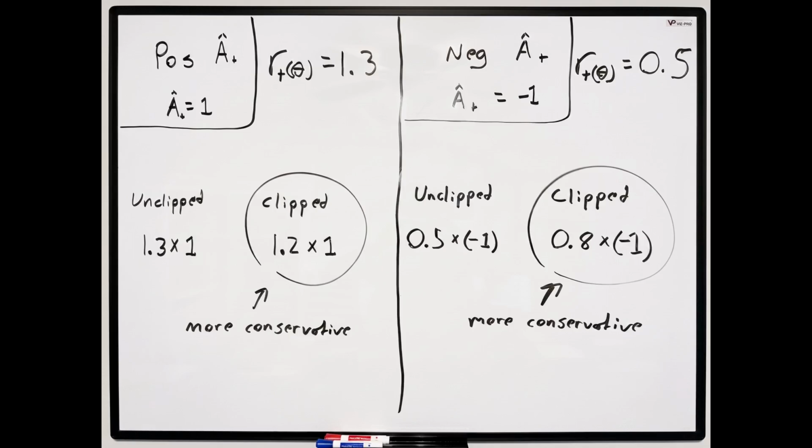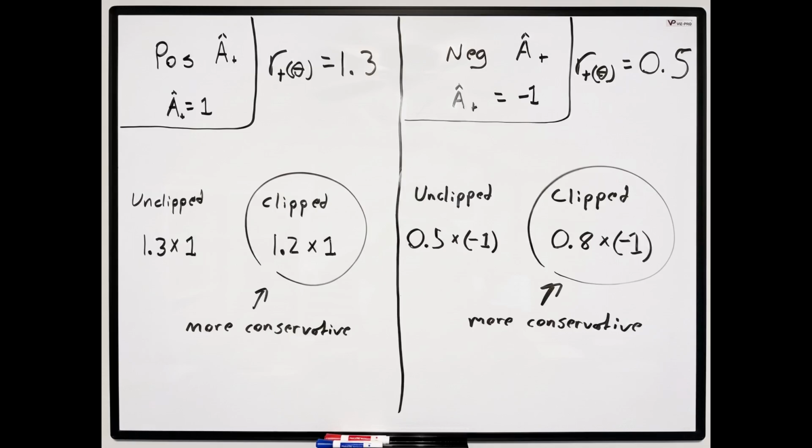And let's look at a ratio of 1.3. What we do inside this minimum function is we multiply it times the advantage. If our advantage is 1.0, then what we're going to be evaluating is our unclipped and clipped version. The clipped version is going to be 1.2 times 1, and the unclipped version is going to be 1.3 times 1. So we always want to choose the more conservative clipped one.